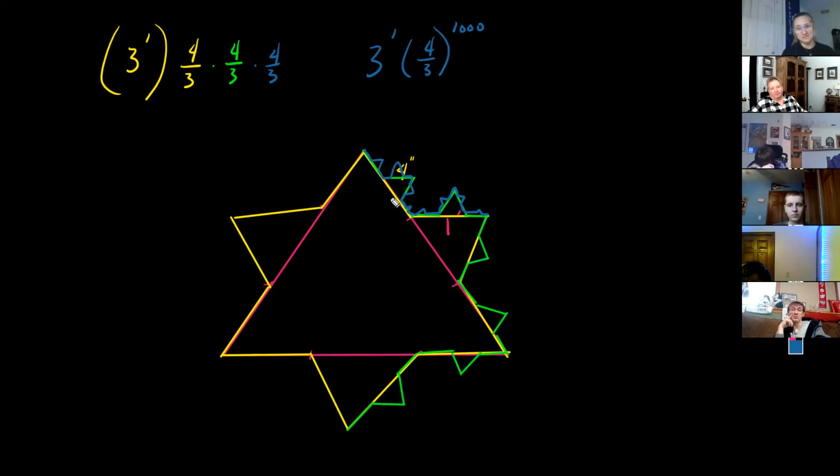Here's the question. What's this perimeter if I do it 1,000 times? Get out your calculator and do it. What do you get?